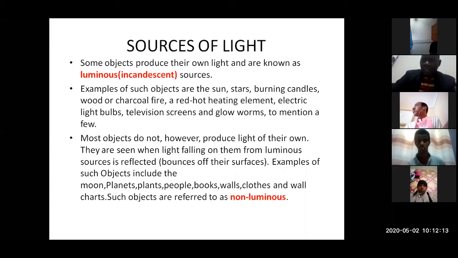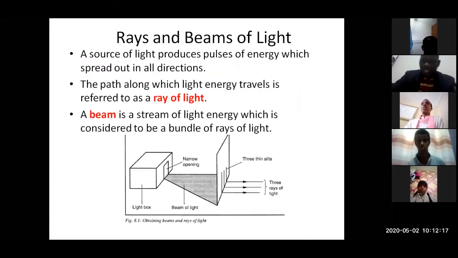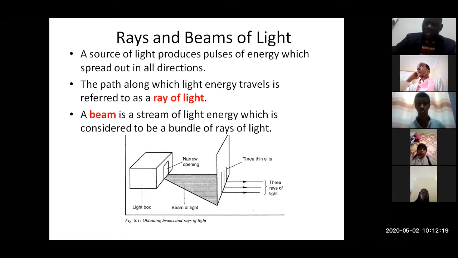We talked about luminous objects, non-luminous objects, opaque objects, translucent objects, and transparent objects. You have to remember that.